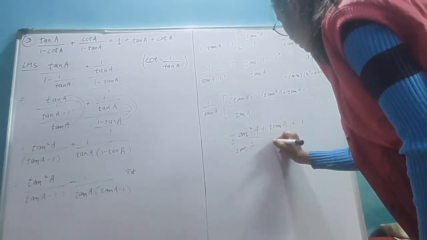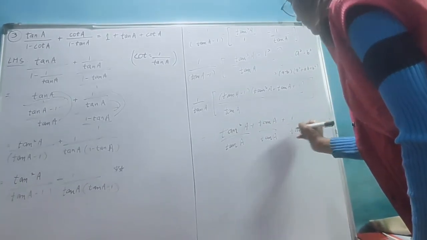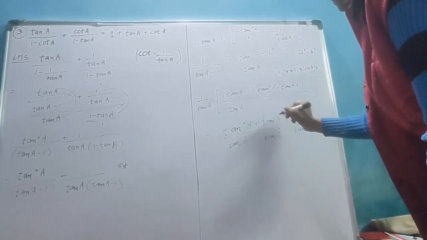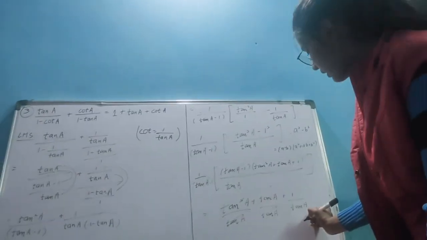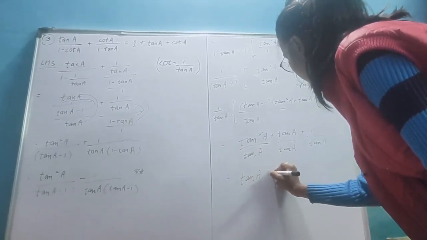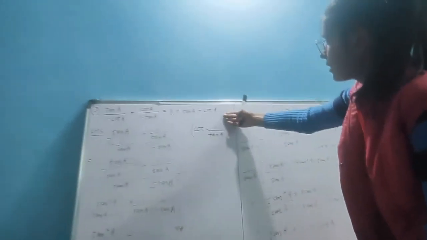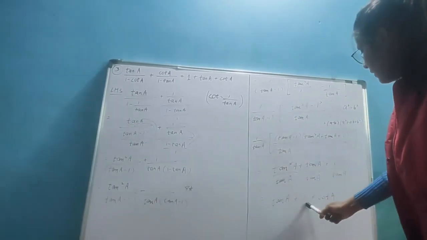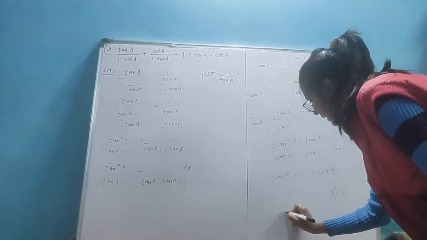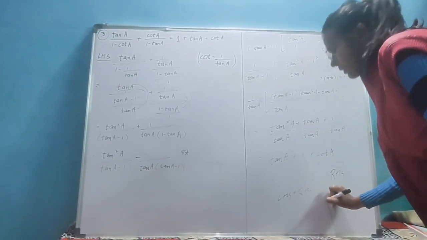Tan A upon tan A, and upon tan A. Tan square A upon tan A, only tan A is left, this is 1, and 1 upon tan A is nothing other than cot A. So what we get is tan A plus 1 plus cot A, which is none other than our right hand side, 1 plus tan A plus cot A, which is RHS. LHS equals RHS, hence proved. Thank you, students.